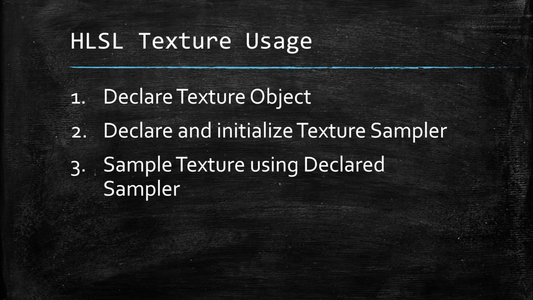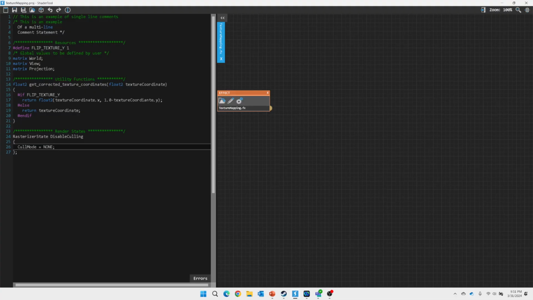And then the sample texture is going to be used inside of our pixel shader using the declared sampler. So we've got to have these 3 things. And these 3 things even continue to this day. If you look into Unreal, you realize that there are 2 texture objects. There's the texture object and the texture sampler object. And both must be present in Unreal. And if you don't believe me, go ahead and check it out. So let's go ahead and put that inside of the code here.